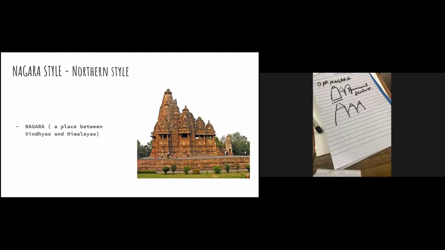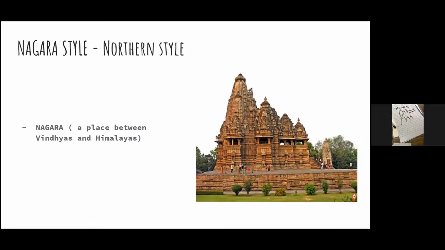You can see that there are a lot of partitions, 1, 2, 3, 4, and so on, and then there is a sanctum. A little more, I'll be drawing the architecture, which you'll be doing at the end of the session with me. At that time, you'll have much clarity. All you need to understand for now is there is something known as the Nagara style of architecture, or the northern style, which mainly originated from northern India, because Nagara is a place between the Himalayas and the Vindhyas, and that's why it's known as the Nagara style.